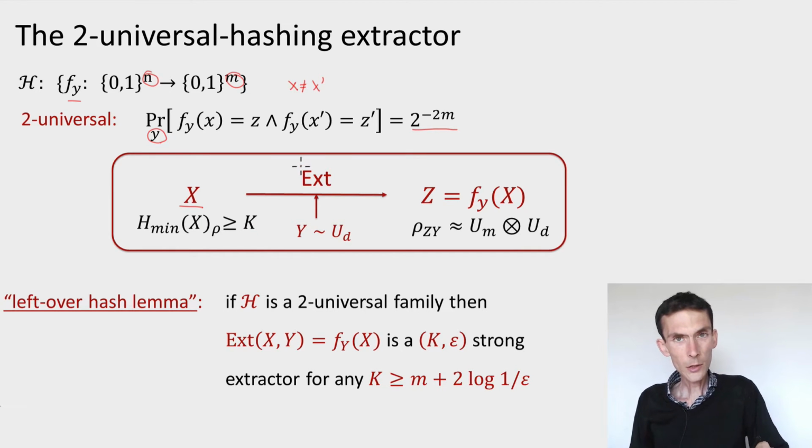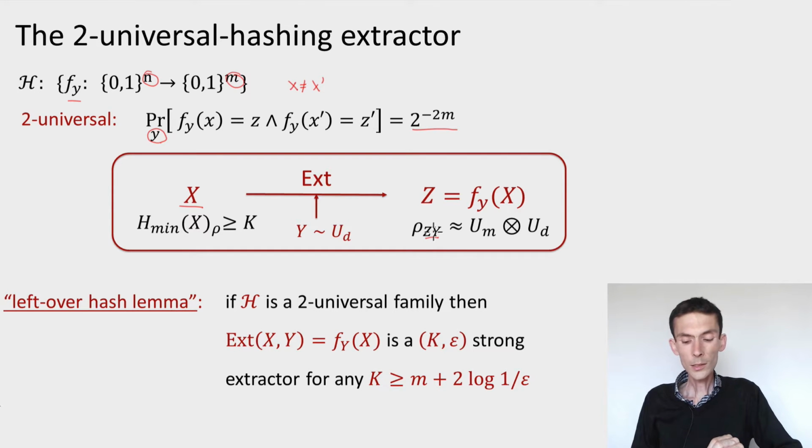It takes as second input a seed y, which is uniformly distributed over all d-bit strings, and that seed I'm going to use as an index for the hash function fy applied to the source x. And the goal is that the joint distribution of the output and the seed, z and y, should be statistically indistinguishable from the uniform distribution on the output and the uniform distribution on the seed. So that's the requirement for a strong extractor.